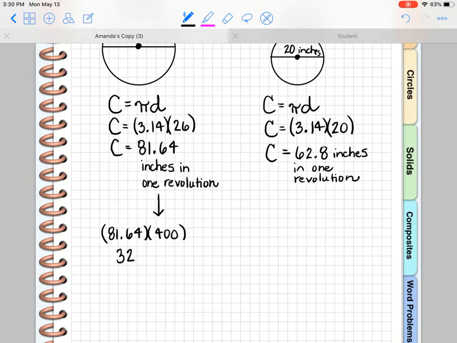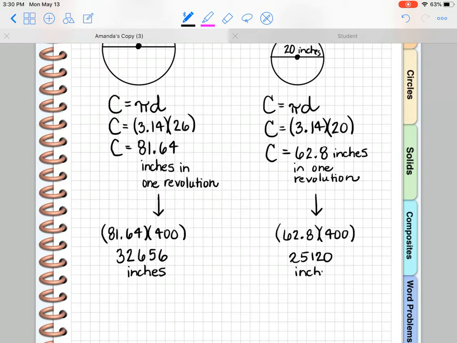So that's 32,656 inches. And then we're going to do the same for Diana. So 62.8, and we're going to let her do 400 turns. And so she's only able to go 25,120 inches.